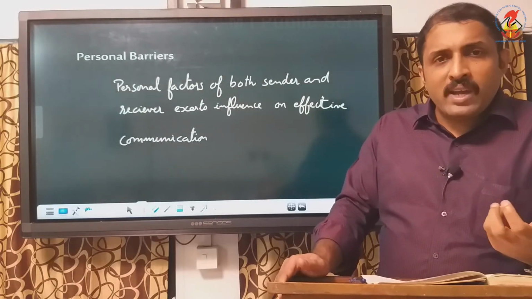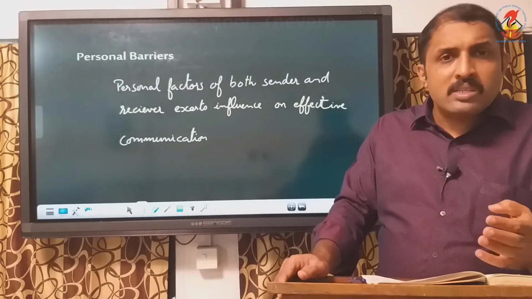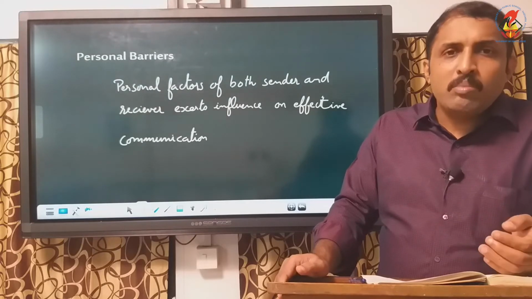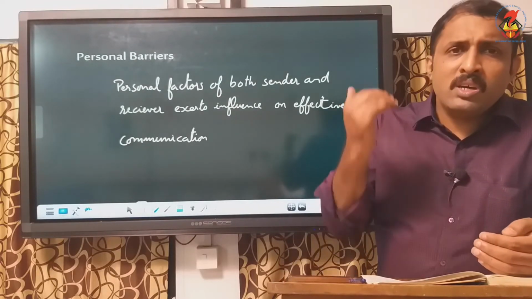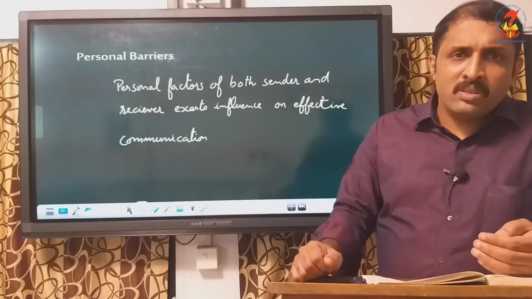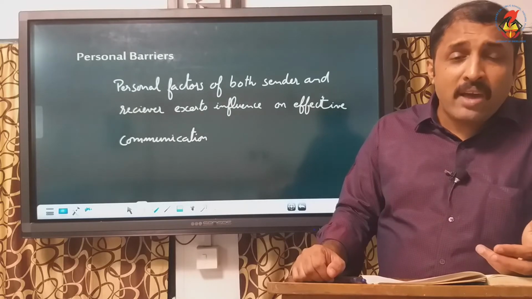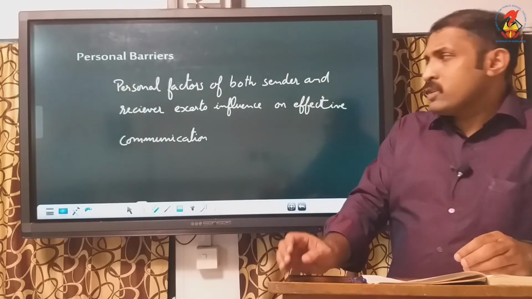If some of the factors of each individual can create some influence on communication and create trouble in communication, such factors of sender and receiver are called personal barriers of communication. Now we will see what the personal barriers of communication are.